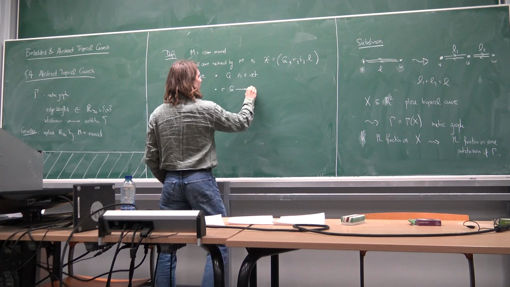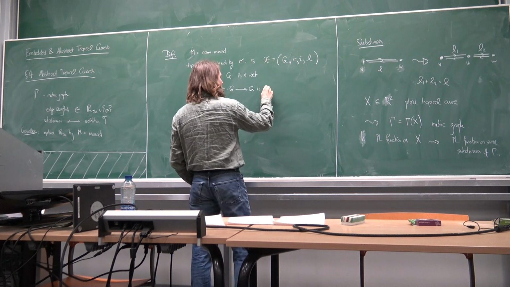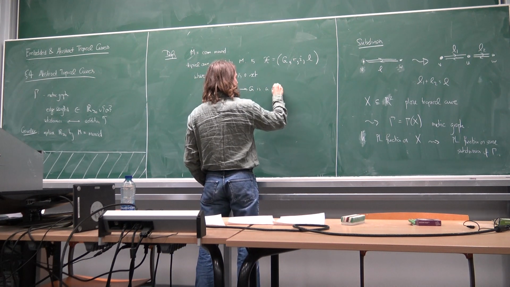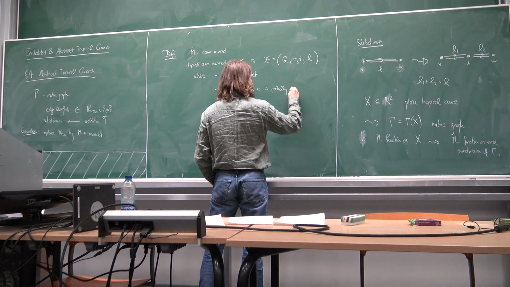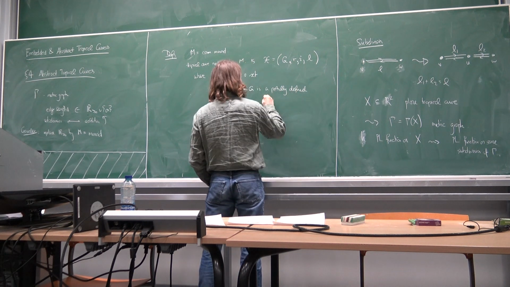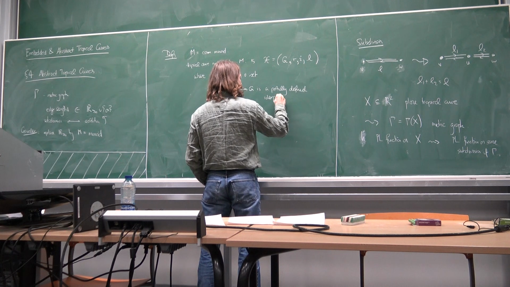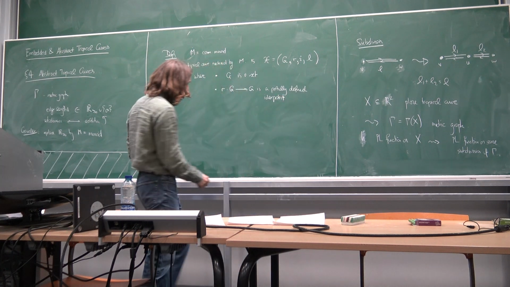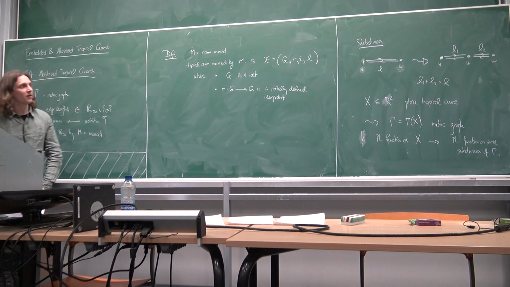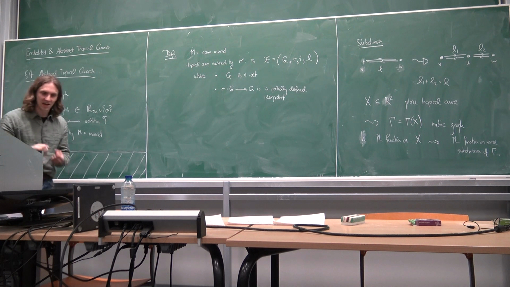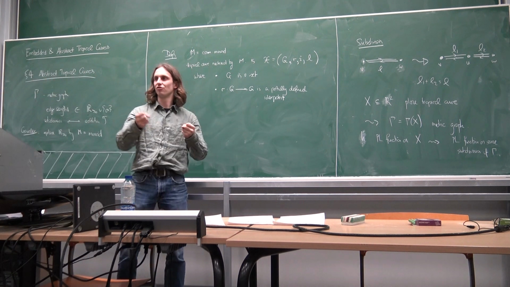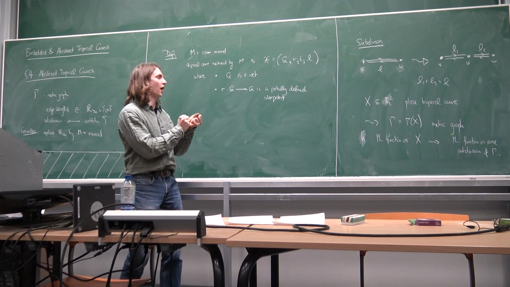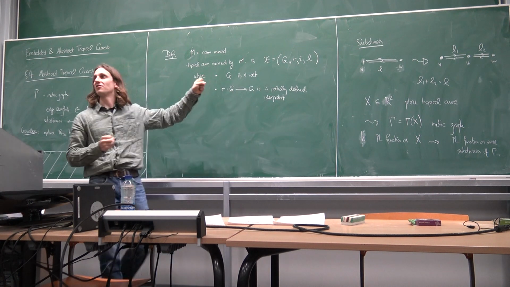R from G to itself is a partially defined idempotent. The way to think about R is on oriented edges, it takes an oriented edge to its starting point. And on vertices, it's the identity.